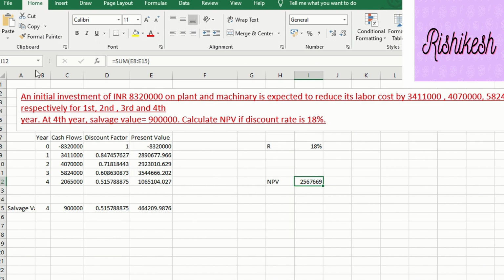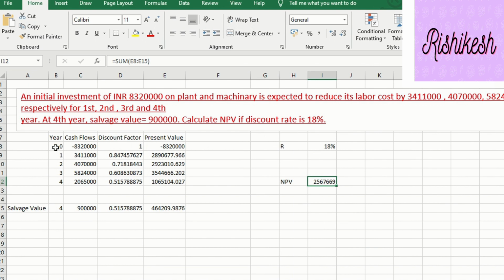So here special care should be taken on seeing that there is a salvage value attached as well. Salvage value is always positive because if you're selling something, obviously you'll get a cash inflow, so that will be considered positive, but you have to convert it into its present value, so you have to multiply it with the discounting factor. And once you sum all these things, you will get an NPV.